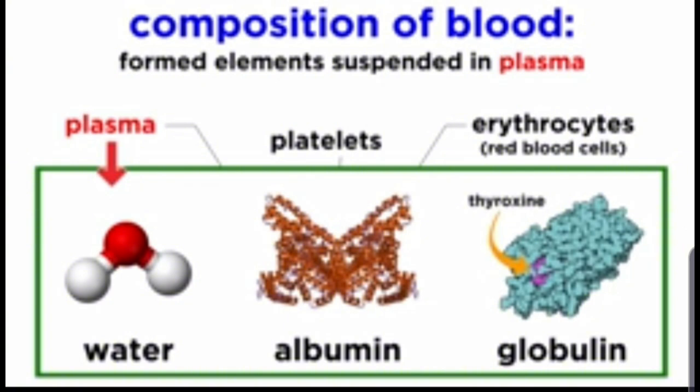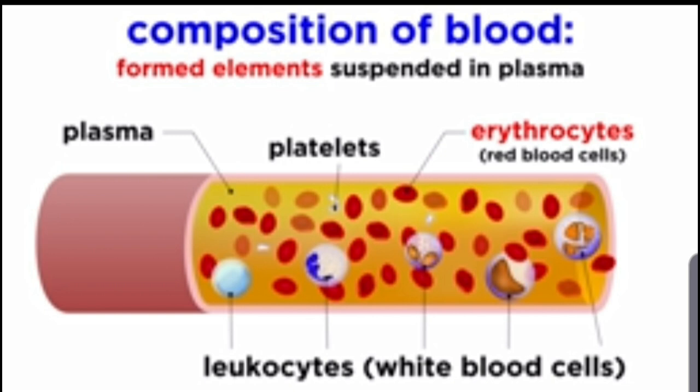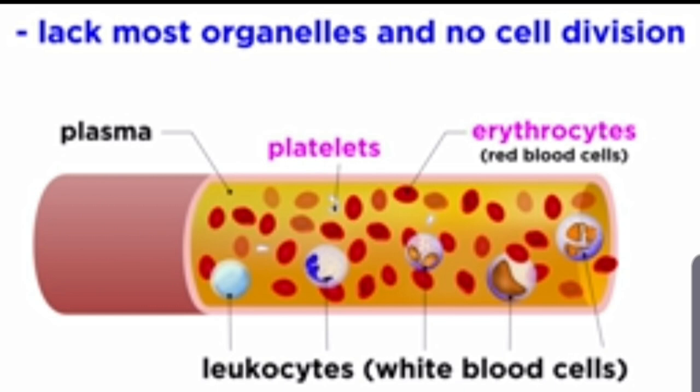Moving to the formed elements, these are erythrocytes or red blood cells, leukocytes or white blood cells, and platelets. Red blood cells and platelets are interesting in that they don't possess all the typical organelles and they don't divide.